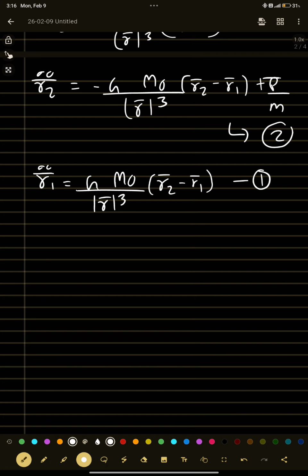Okay, so R2, R1 double dot. What is that equal to? See, this part is the same.